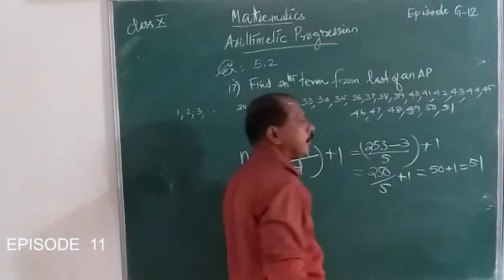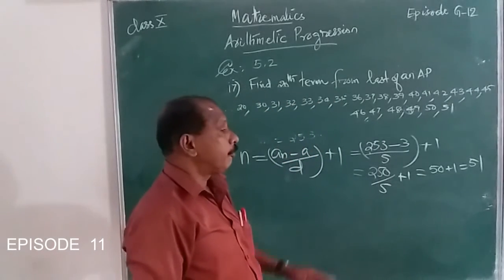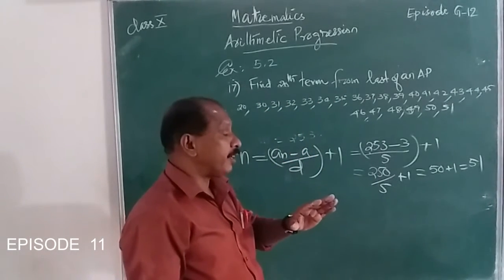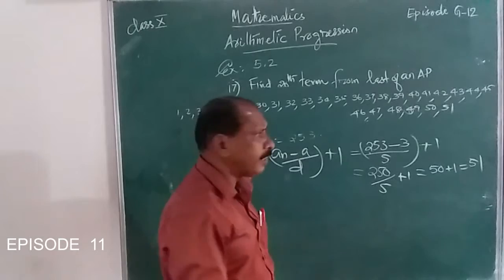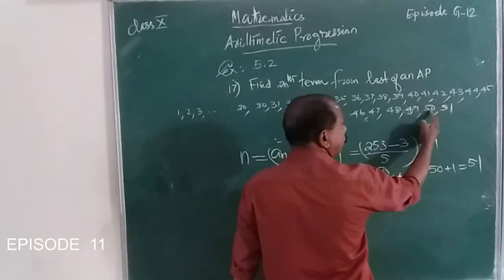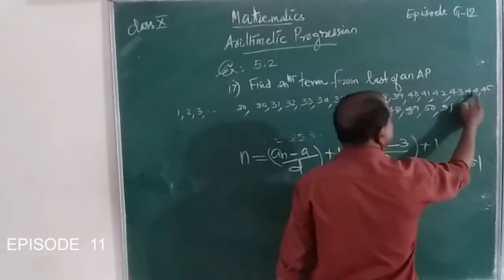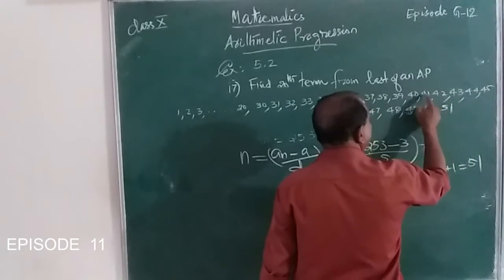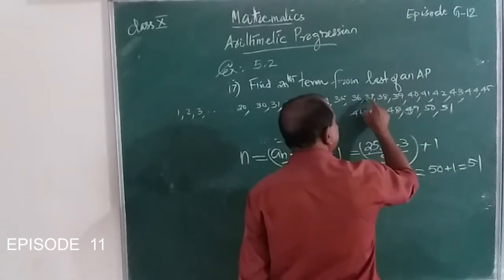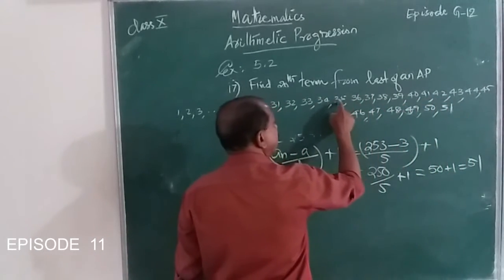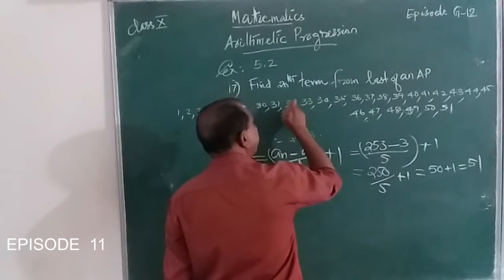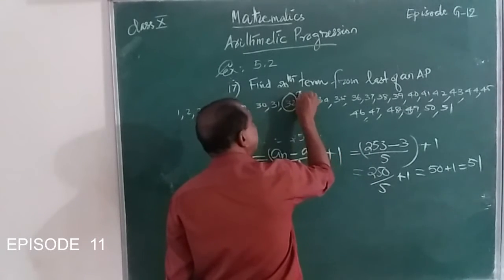These are the number of terms. Find the 20th term from the last. Counting: 1, 2, 3, up to 19, 20. This is the 20th term.